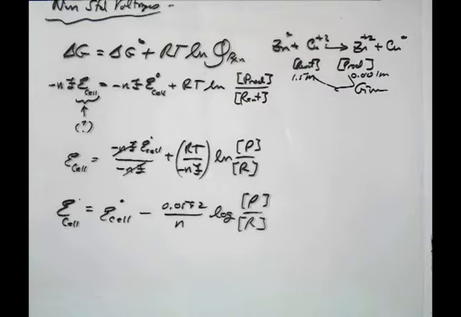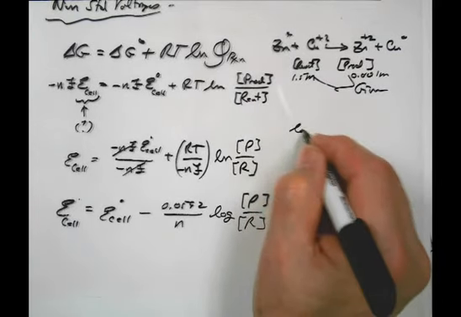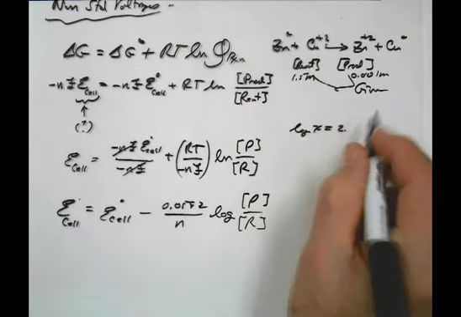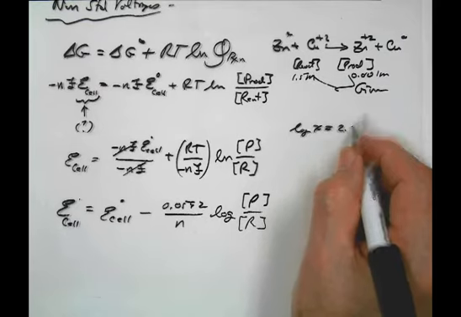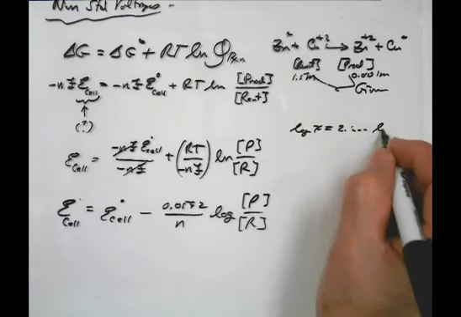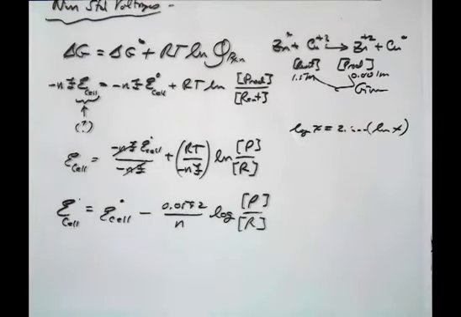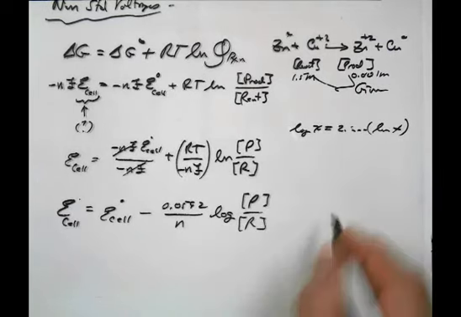Anyway, we took that and substituted it. Okay, so it automatically comes out to that 0.0592. This is called the Nernst equation.